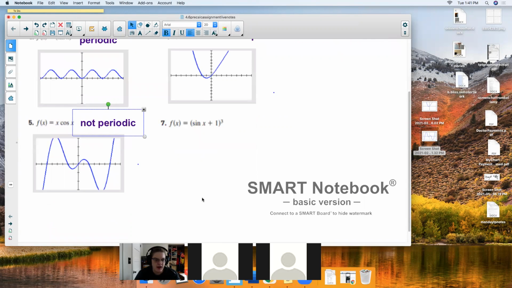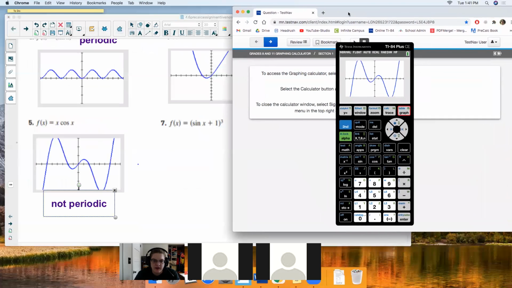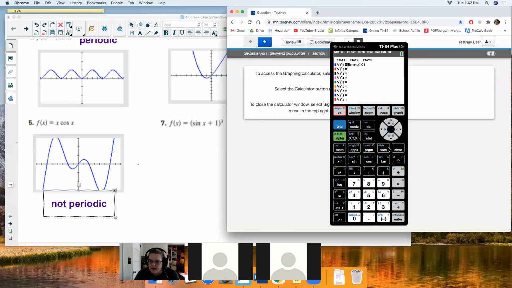Then the next one is, wow, that's kind of a funky equation. So if we go to our y equals, we're going to do parentheses sine of x plus 1. I assume it's supposed to be all cubed.